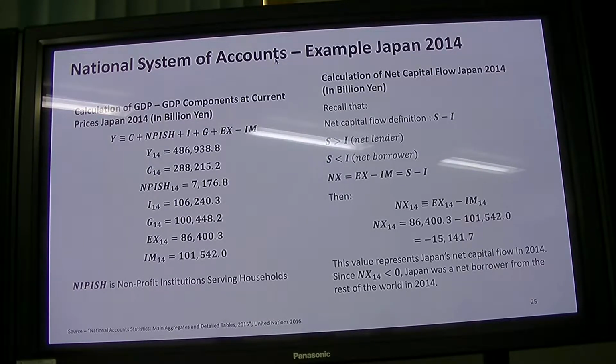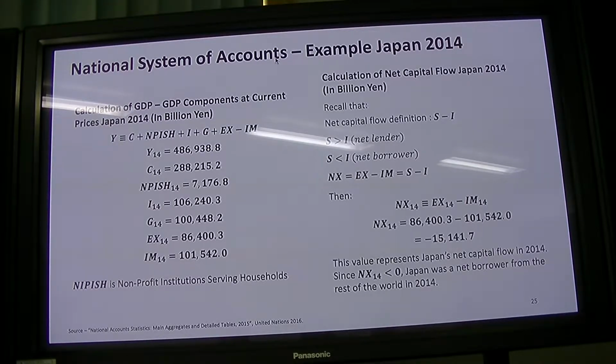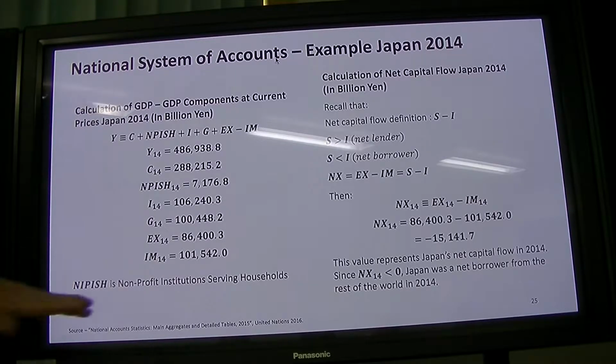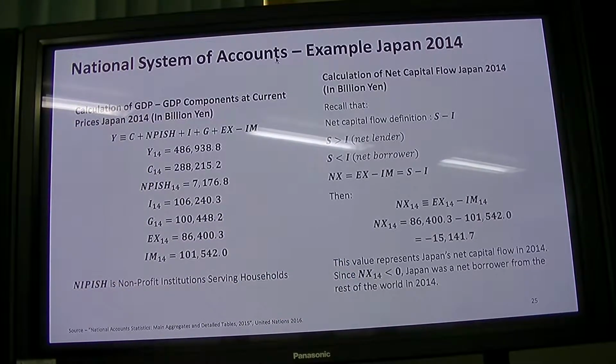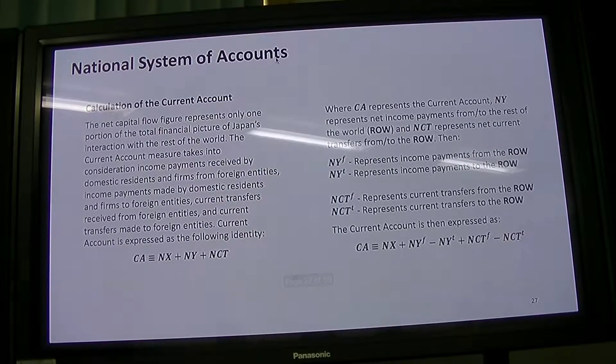As I mentioned last time, the National System Accounts is a system of different accounts that describe basically different accounting aspects of a country's relationship with itself and with the rest of the world. Okay, so that's where we are, and now we're going to continue the discussion on the current account.